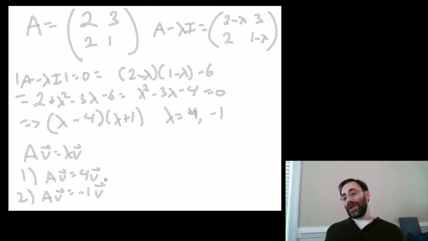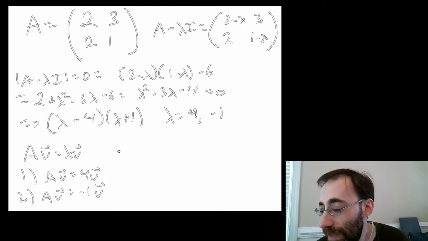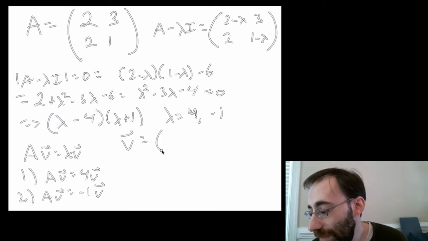Now normally you might think, okay, we can multiply out A times V, and we know that these things represent equations. Right? And we would have two equations and two unknowns, where the two unknowns, well, V itself is a vector comprising 1 and 2 elements.